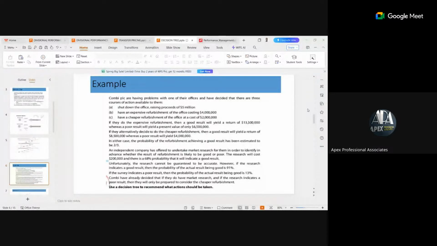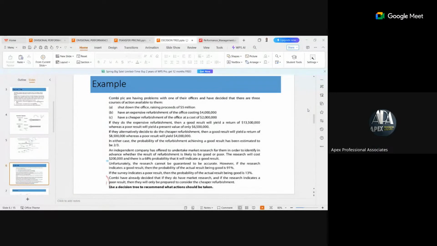So if it is good, they will now make a decision. Take note, if it is good, they will make a decision. And what will be the decision? The decision will be either to shut down. It means the decision will still boil down to those 3 options we have.